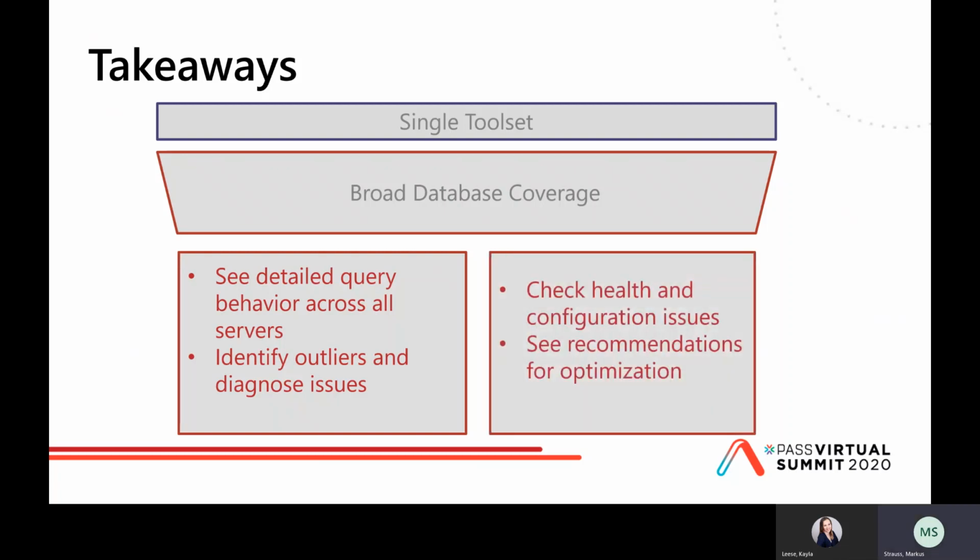We have to be able to check health and configuration issues very quickly, at a glance. I don't want to spend 5 or 10 minutes wading through different tool sets to figure out whether my configurations on a particular set of instances are up to snuff or not. I have to be able to see that quickly and easily.